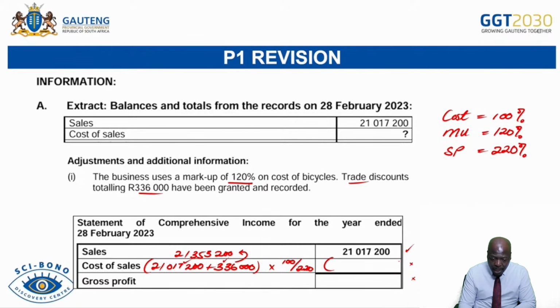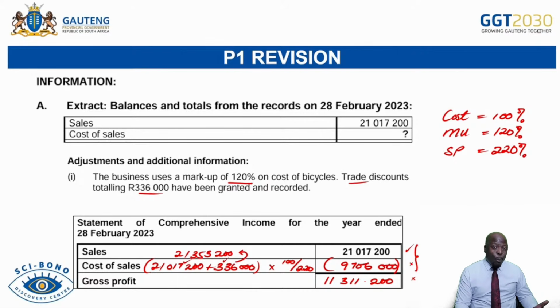And then if you punch that in your calculator, you should get an amount that is 9,706,000. Then if you get the difference between your sales and your cost of sales, it will give you gross profit, which is 11,311,200. So that becomes your gross profit.